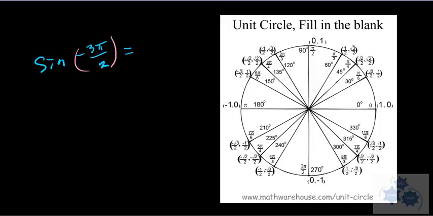Well, first of all, we have to find negative 3 pi over 2, right? Here's 3 pi over 2, but in the positive direction, it would look like this. That's positive 3 pi over 2. So negative 3 pi over 2 would be going 1 pi and then another half pi this way. So really, we're talking about these values over here. Negative 3 pi over 2 is going to be the same as sine of pi over 2.